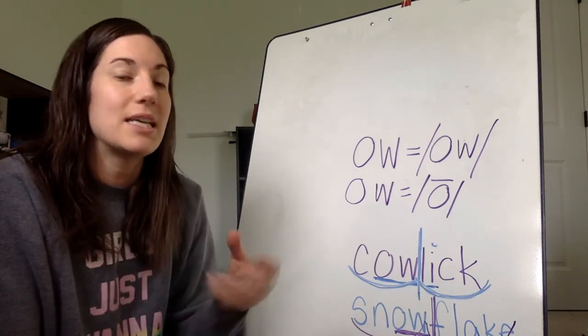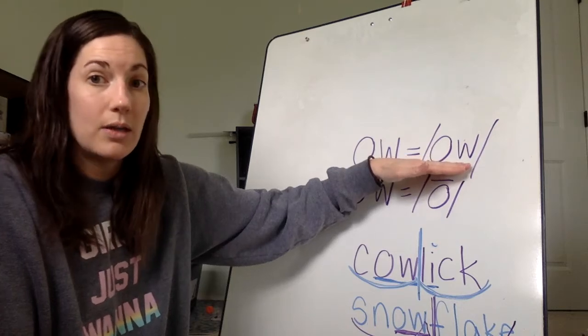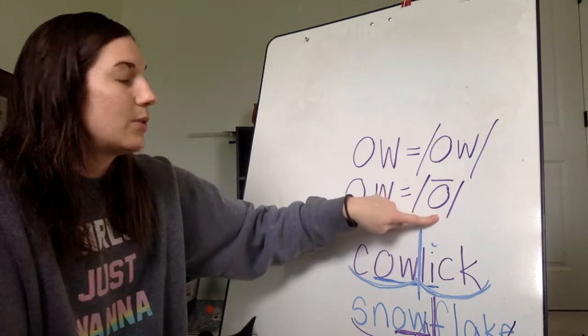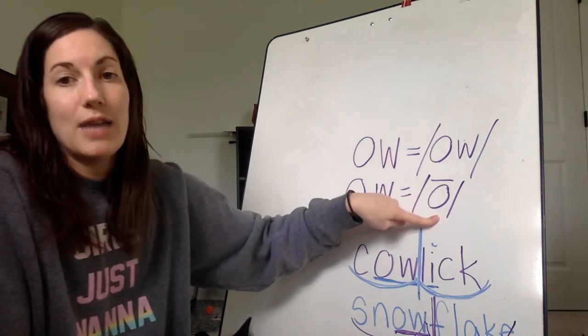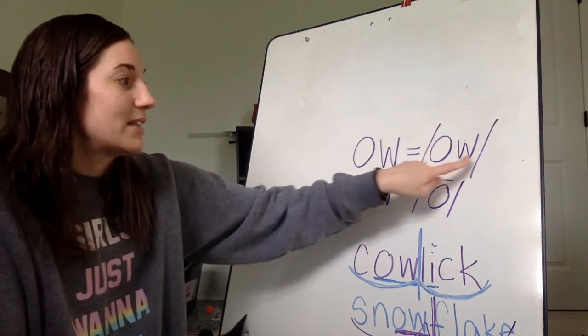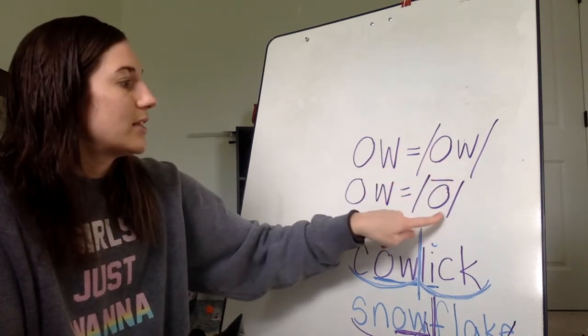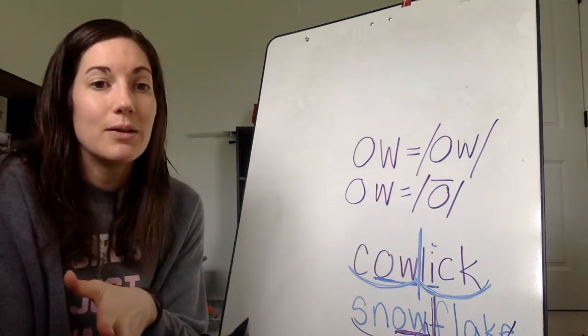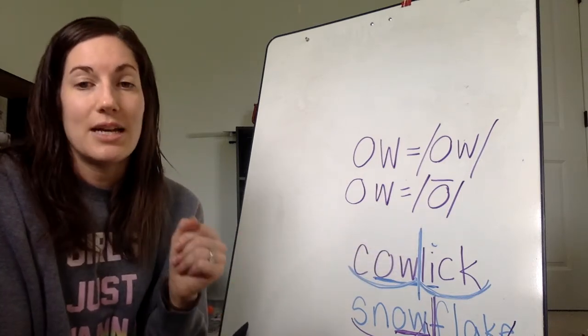You're going to need to decide, is it going to say "ow" or is it going to say "O"? And you're going to see these symbols where I've already split the words into the two categories. If you need help, remember, I'm right in the classroom. Raise your hand and ask me for help, okay?